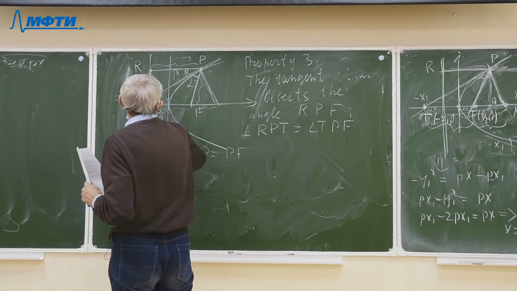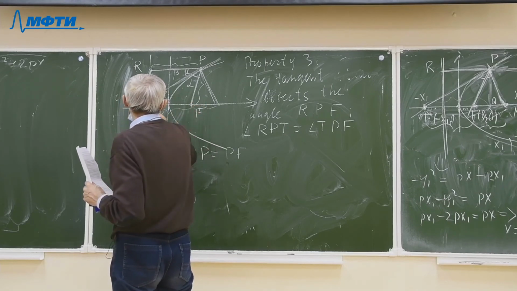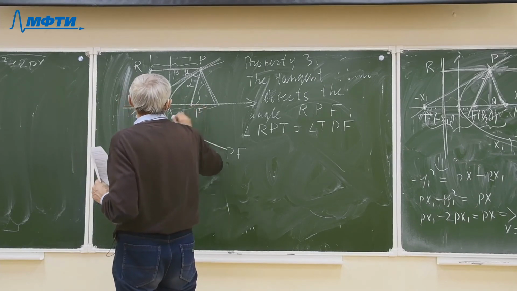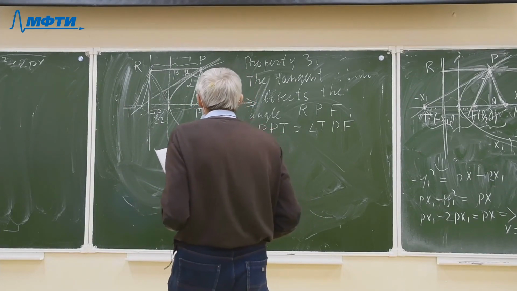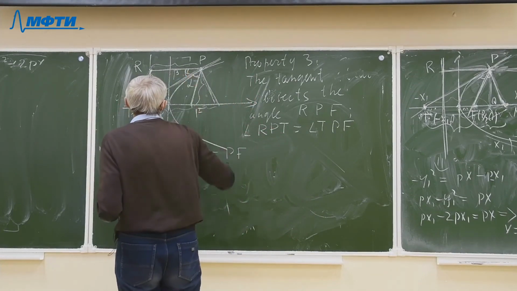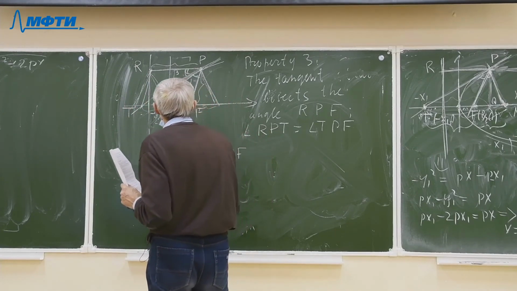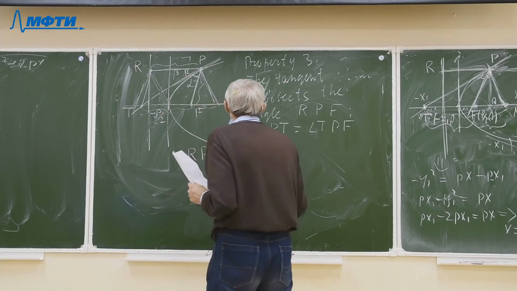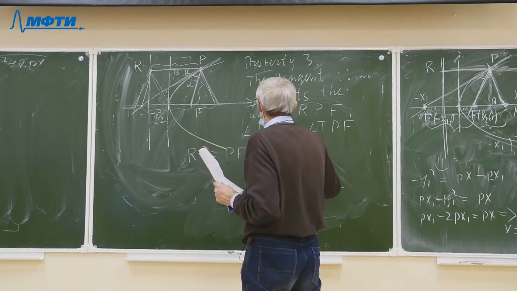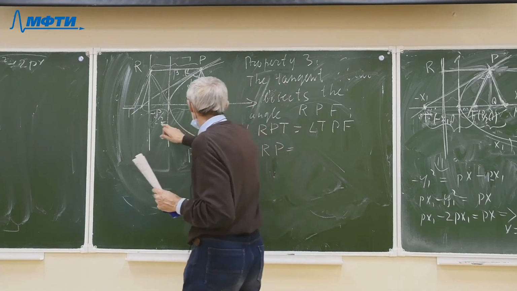And this distance between T and F is equal to the distance RP, as was proved above, because of the coordinates.